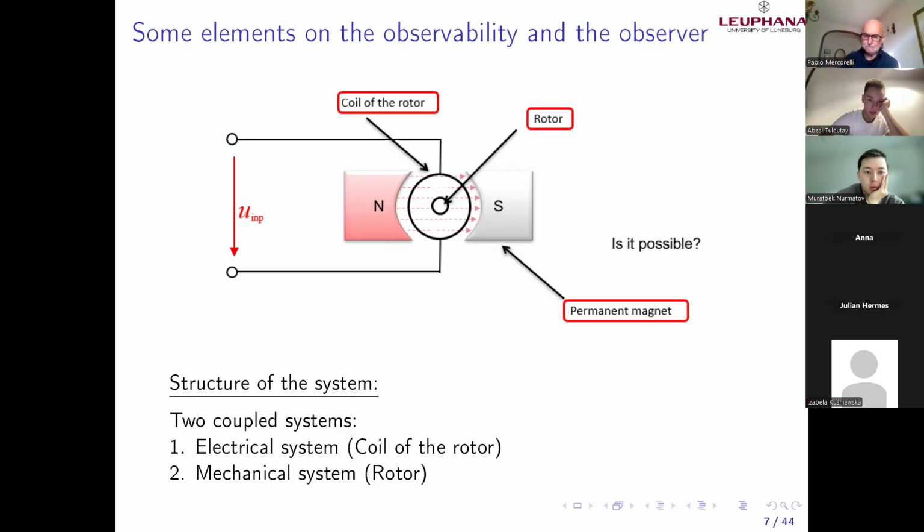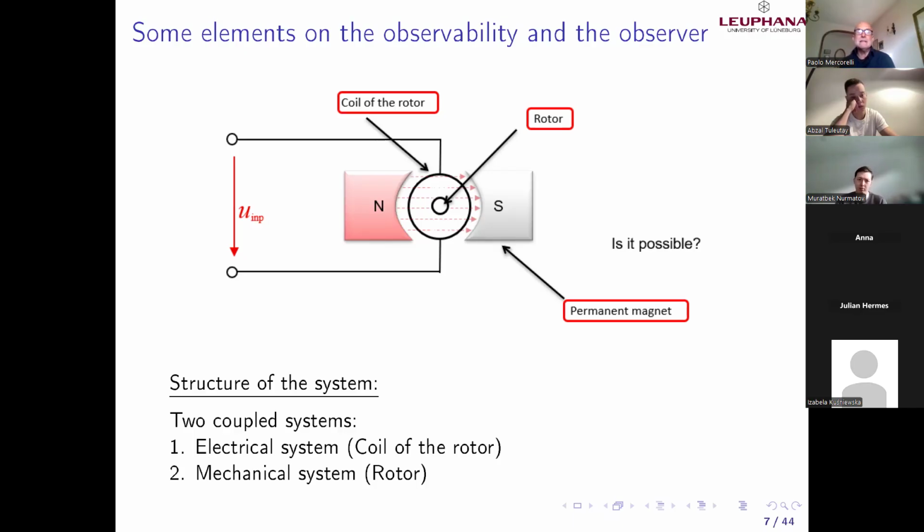In any case, I can say so. We have the magnetic field. In the middle of the magnetic field we have the electrical part, which consists of a coil in the rotor. Also from high school, in courses of engineering, we say that we have two physical systems: an electrical system, which consists of the coil in the rotor, if the motor consists of a rotor, because we also have motors which are linear in their design, in their geometry, and then we have a mover which is not a rotational mover.